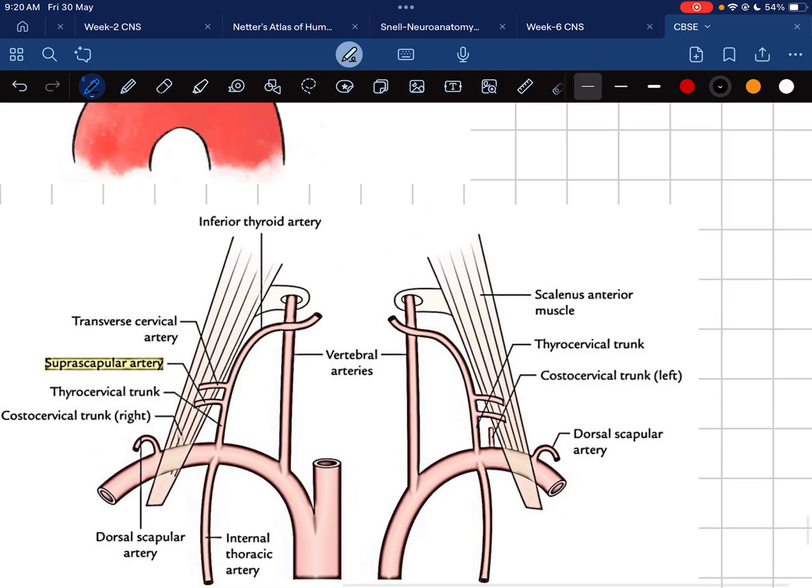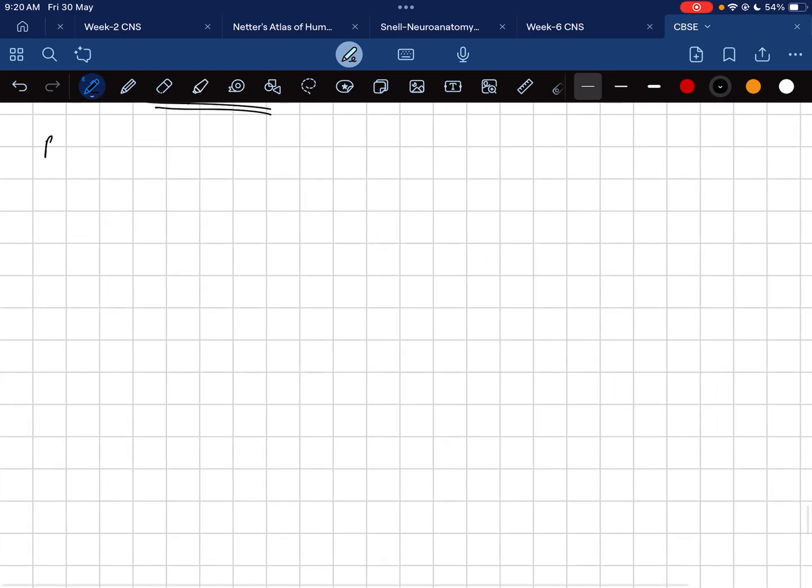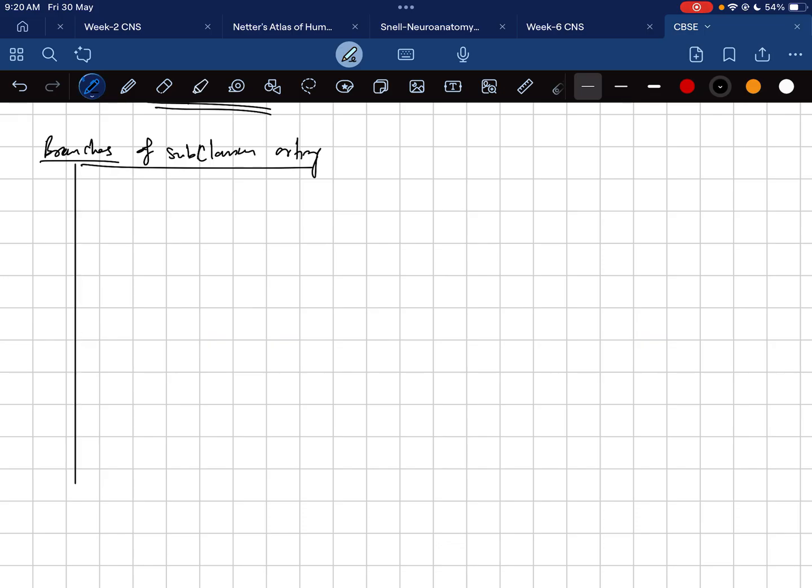So moving on to the branches of the subclavian artery. It is divided into three parts, so we are going to discuss in that manner: first part, second part, and then third part.